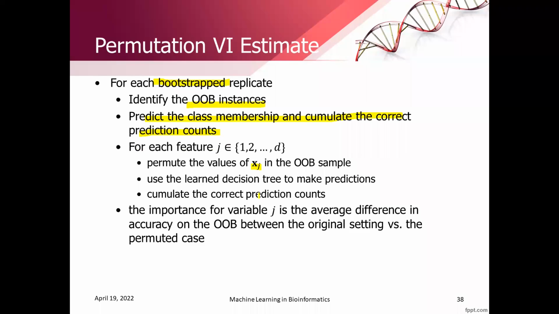And again, we measure accuracy of such predictions. And then the importance of the variable j is the average difference in accuracy on the out-of-bag samples, the permuted minus the accuracy on the non-permuted, on the original.